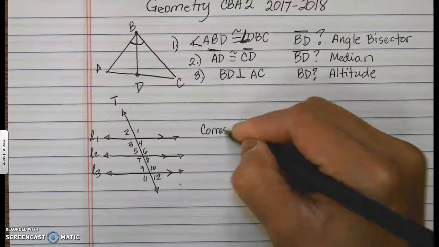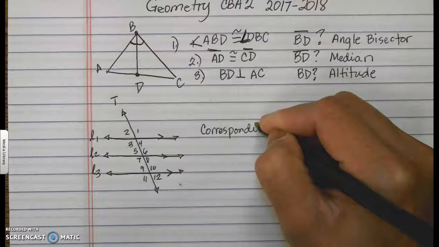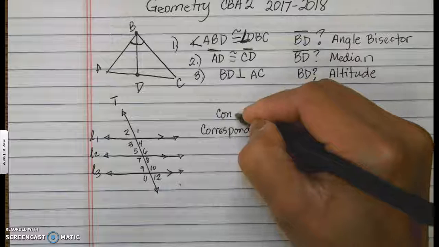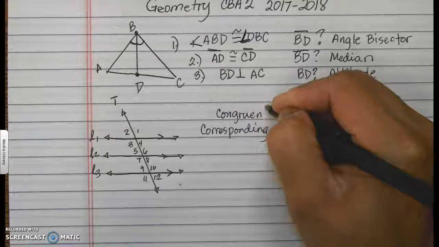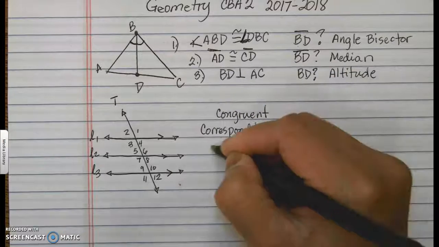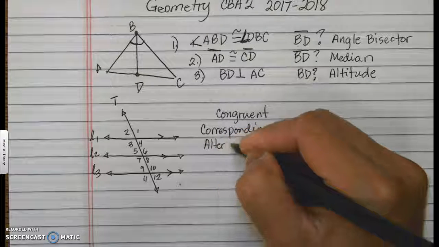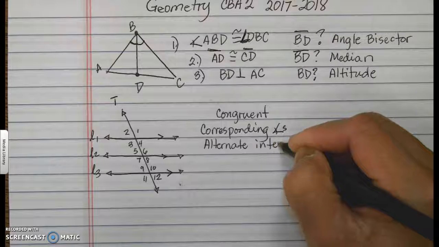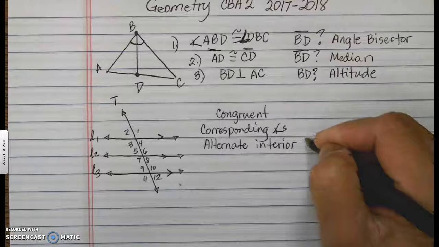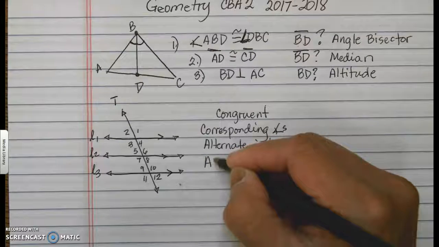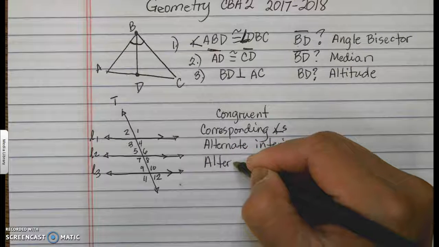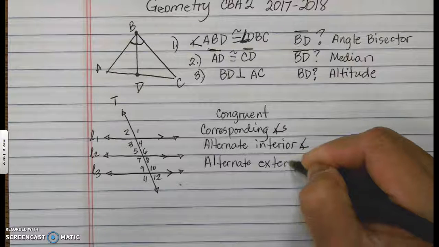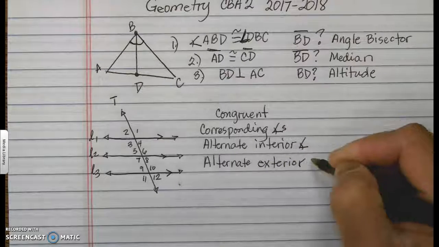So the congruent ones first, or the equal: corresponding angles, the alternate interior angles, and the alternate exterior. And those are the congruent angles.